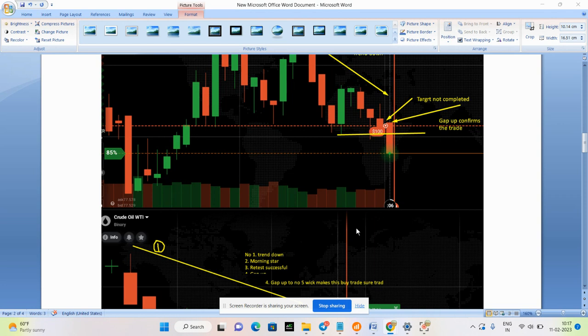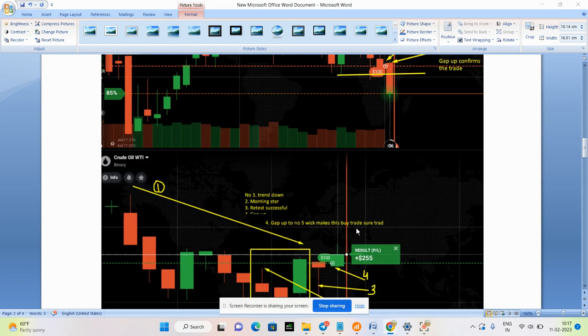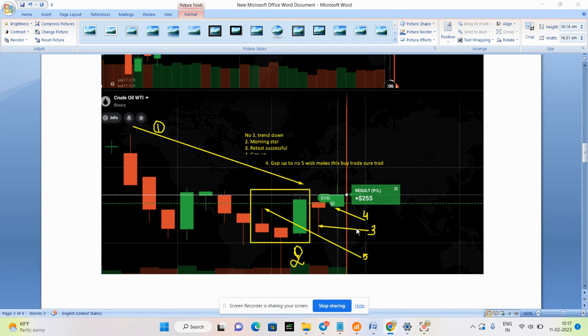It is highly necessary to check the retest before placing the trade. And if the pattern is along the trend, then it is not necessary to check the retest of the pattern. We can go directly, and if it is against the trend, then the retest is a must, it is confirmation.